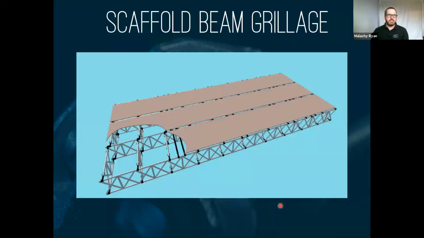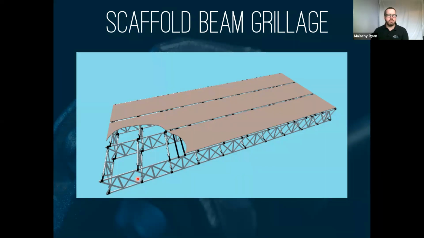Next system is a scaffold beam grillage. These are very common. They're very versatile. They're all off-the-shelf components in the scaffold industry, so procurement time is reduced on these. And essentially what you have is a beam that spans between 2 points. The beam in this is an X-beam, just because that's what we use quite a bit.